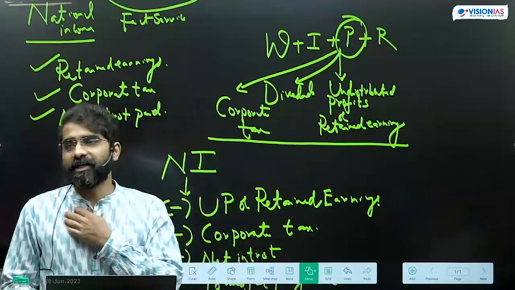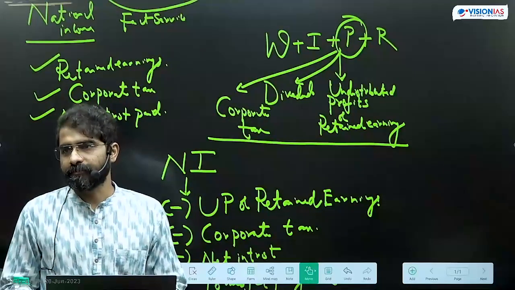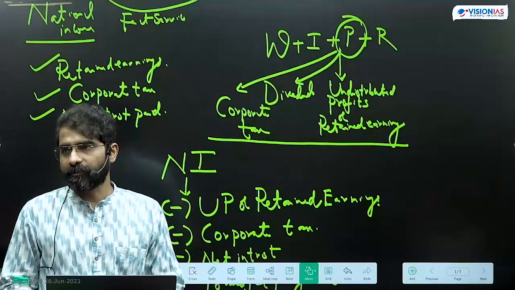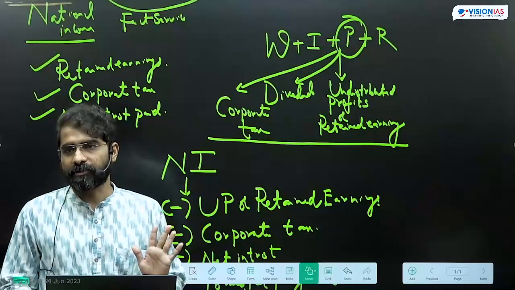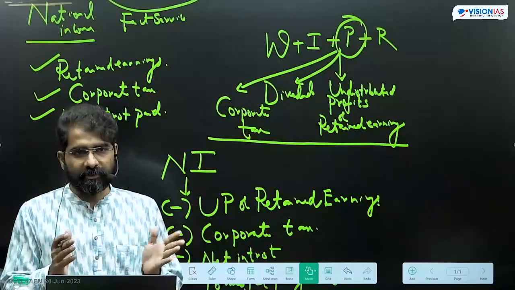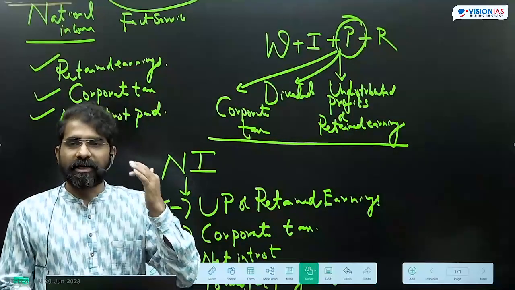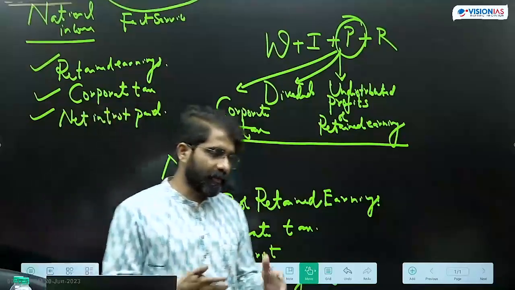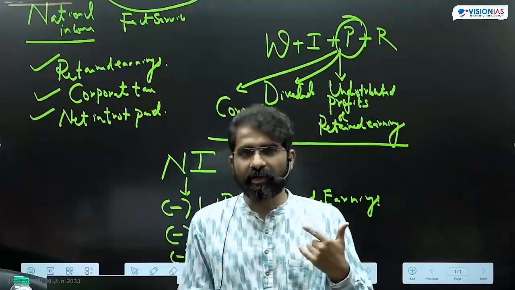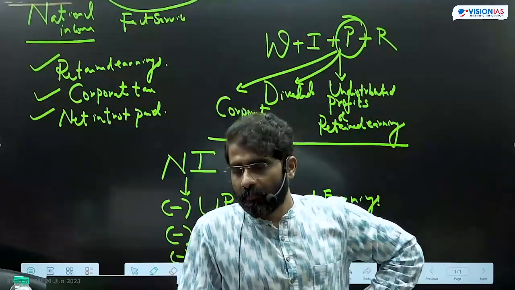It is basically treated as a kind of transfer income. Why? Because no specific good nor service is produced from that debt. It is taking this loan. Generally, if we go deeper and deeper, then it will become more complicated, not required for UPSC. So that's the reason. But this is clear, no?